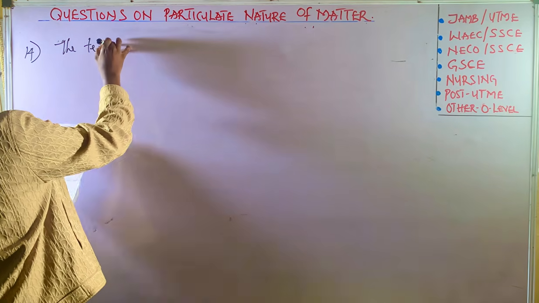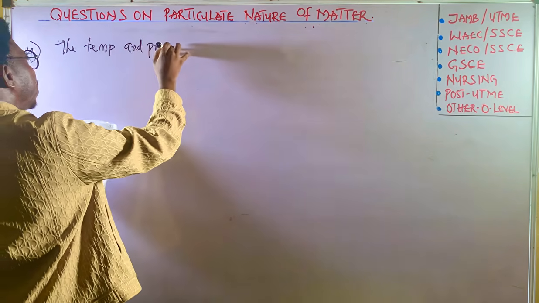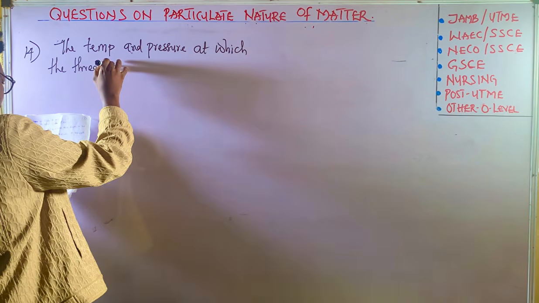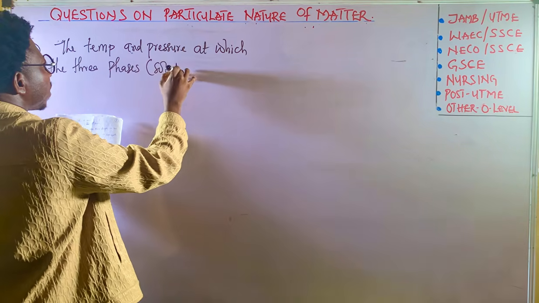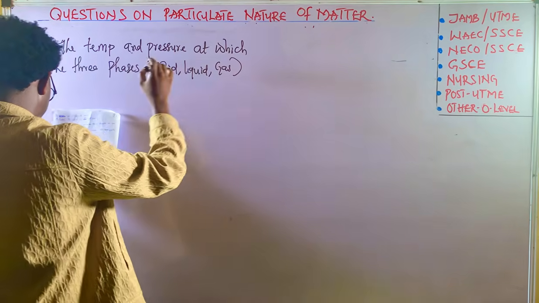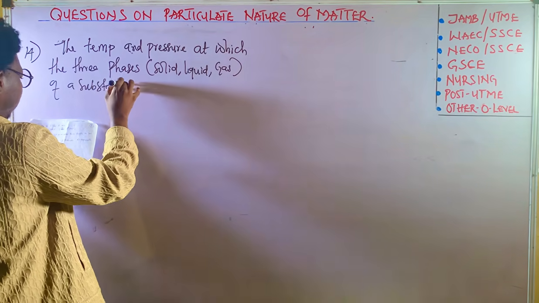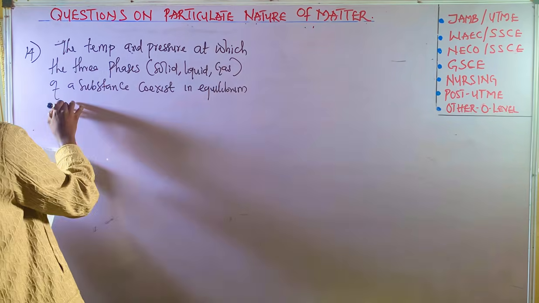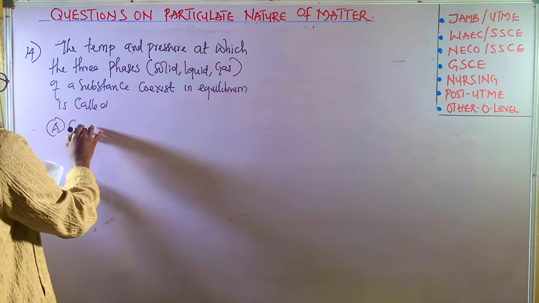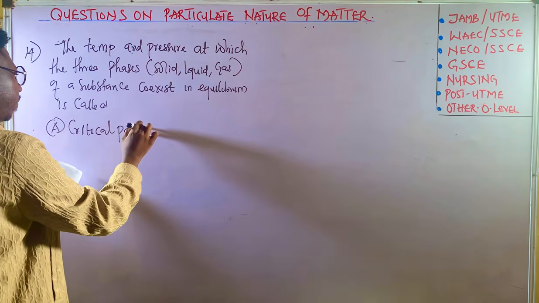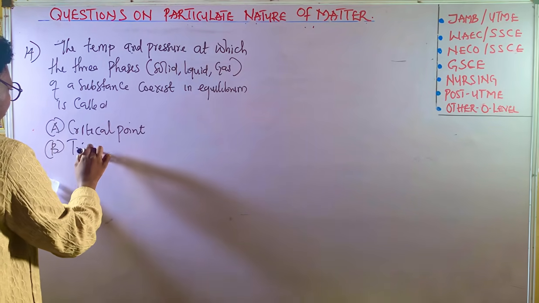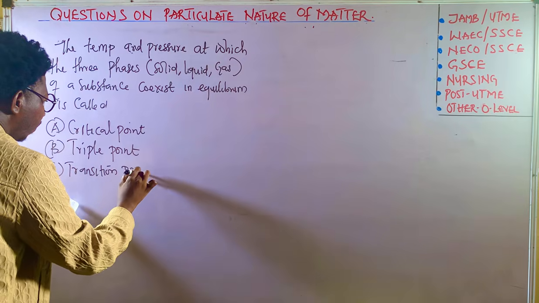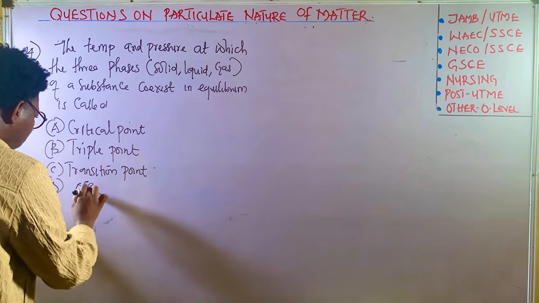The temperature and pressure at which the three phases, solid, liquid, gas, of a substance coexist in equilibrium is called: option A, critical point; option B, triple point; option C, transition point; option D, off point.